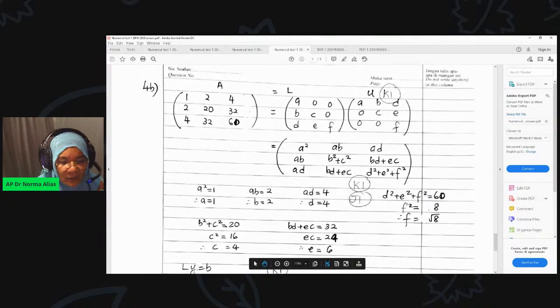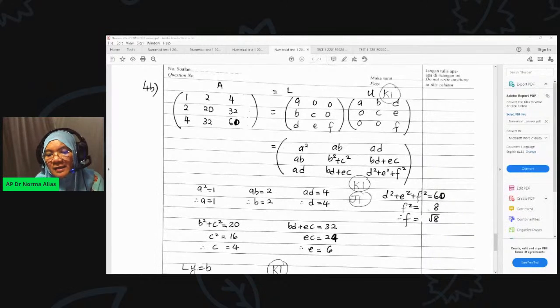Now, any question about how to show the matrix is symmetric? How to show A is symmetric? You need to know there are four rules you need to prove.